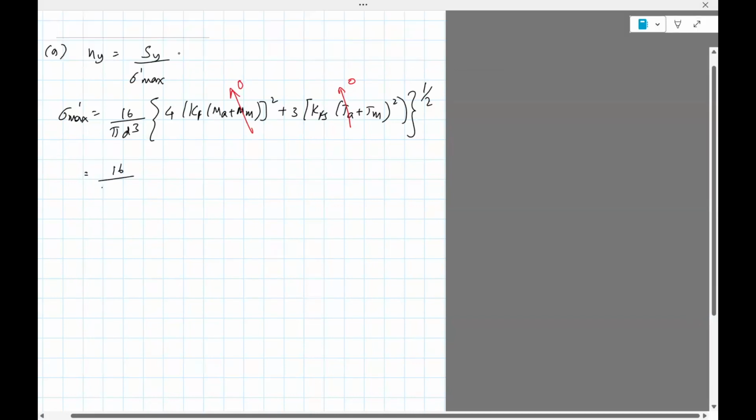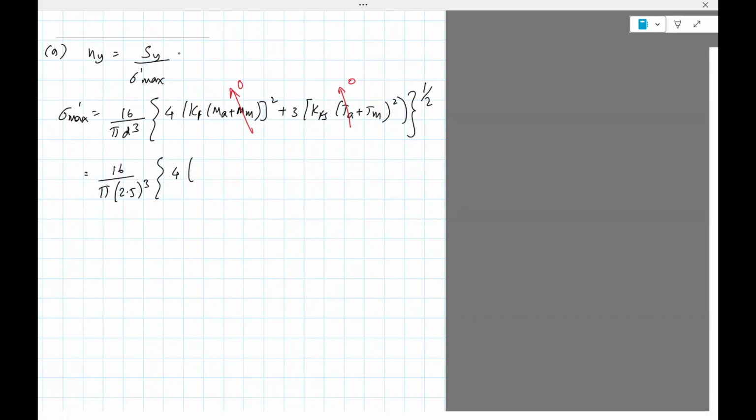This is 16 divided by pi times 2.5 cubed, times 4 times Kf, which is 1.765, times Ma, which is 2400. This whole thing should be squared, plus 3 times Kfs, which was 1.522, times 18,000 squared, all raised to half. It comes out to be 1.57 times 10 raised to 4 psi.